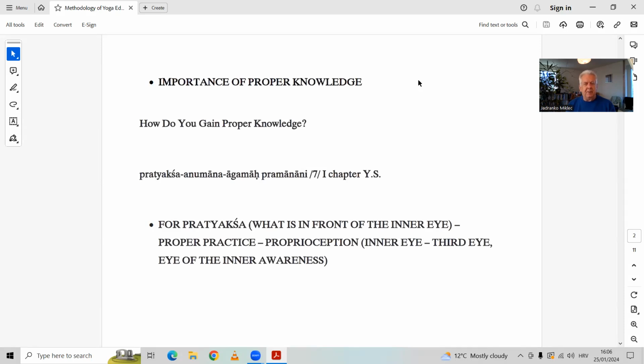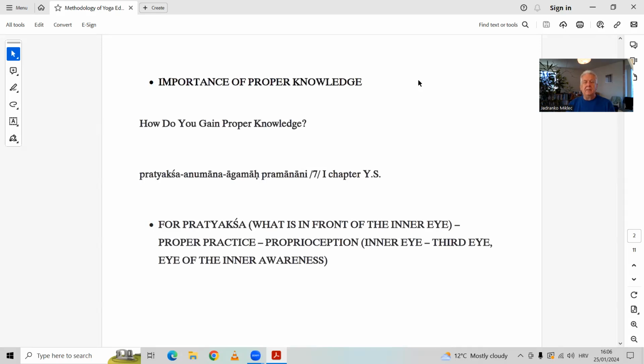That sutra says, pratyaksha, anumana, agamaha, pramanani. Pramana means the proper measure or insight into the reality of life, proper knowledge of life.